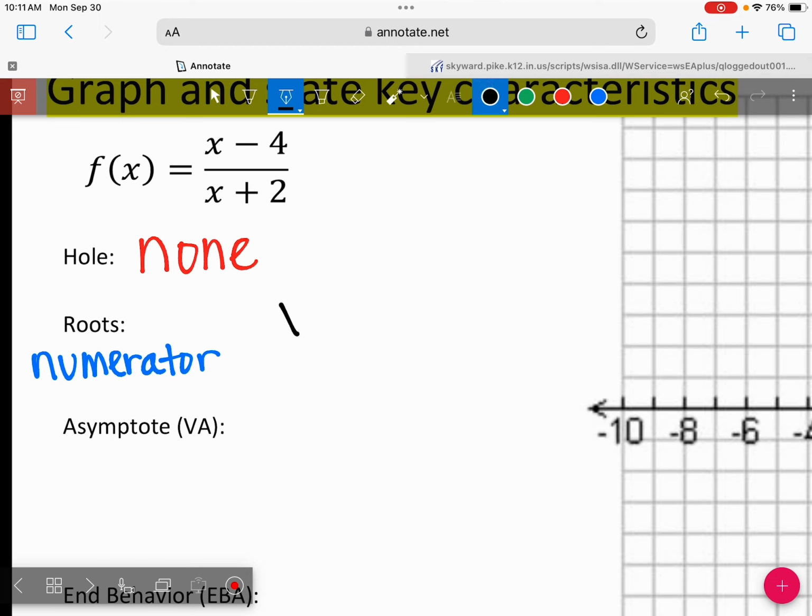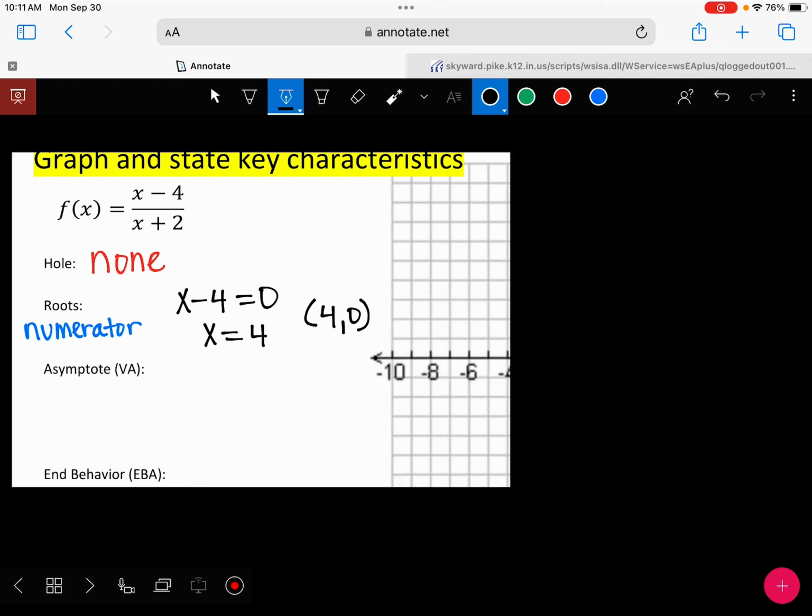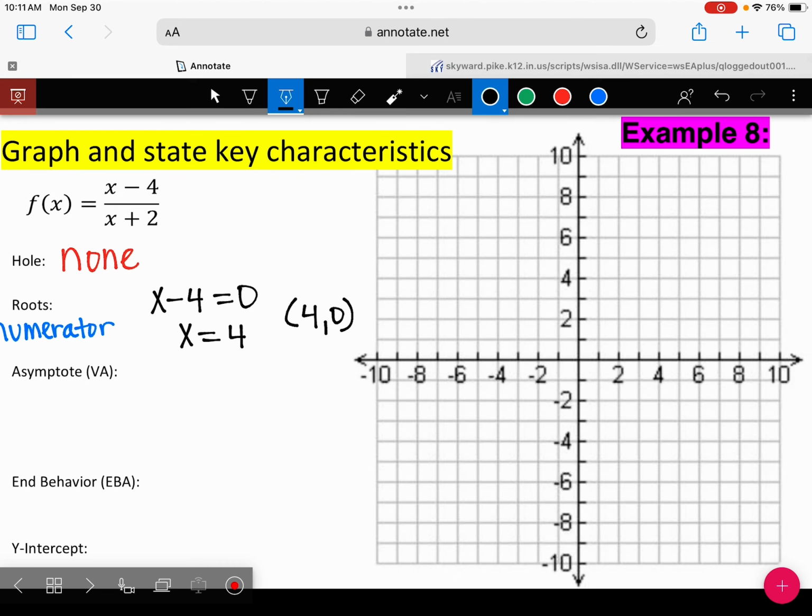So I'm going to take that x minus 4, set that equal to 0. So we have a root at 4, 0. And that's the only place where this graph is going to cross through. I'm going to put a point at 4, 0.